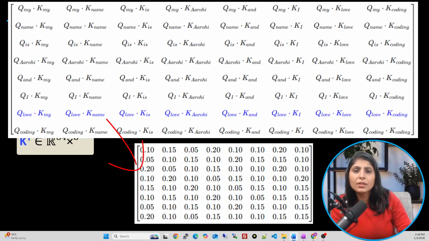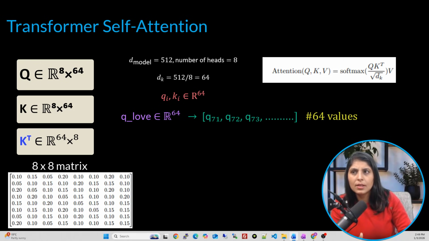So how are we getting this 8 into 8 matrix? Let's see that. The shape of query is 8 into 64. 8 rows means 8 tokens and 64 columns in it. And the shape of key is also 8 into 64.